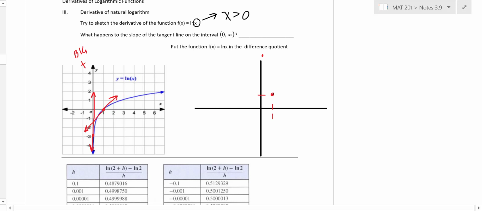And these derivatives are always positive. So if you went way out to 6, you still have a positive derivative, right? But what's happening to that derivative? Is it getting bigger or smaller? Smaller, exactly. So what happens to the slope of the tangent line? It gets smaller. So we're going to expect those values to get smaller.